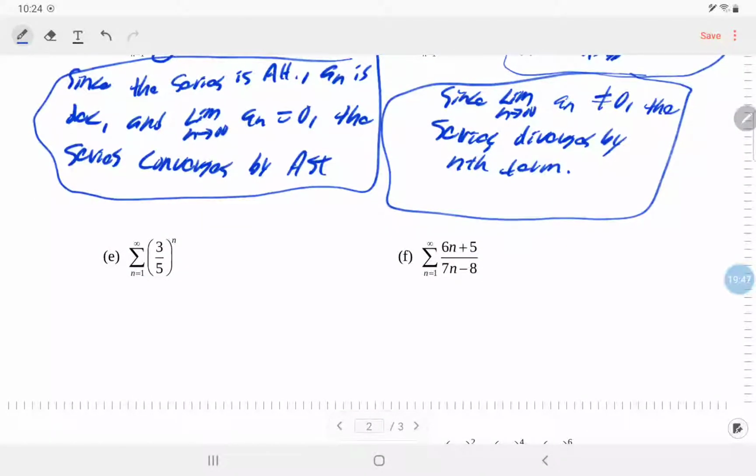Okay, I'm going to skip here for a second. I'm going to go straight to F. Why? Because I can see right now this is to the highest power 1. That's to the highest power 1. I know if I take the limit as n approaches infinity of 6n plus 5 over 7n minus 8, the 5 and the 8 are insignificant. 6n over 7n gives me 6 over 7.